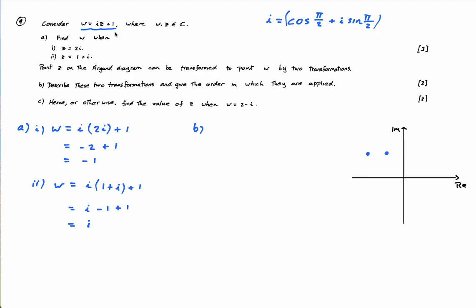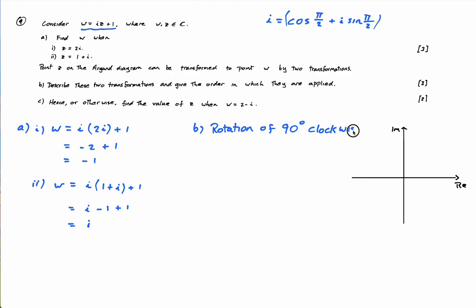That's very different to a transformation in a Cartesian plane, so just be careful. This is an Argand diagram, not your normal Cartesian plane, where a plus 1 would translate it vertically. Okay, so let me just write down the answer. It's a rotation of pi over 2 or 90 degrees clockwise.